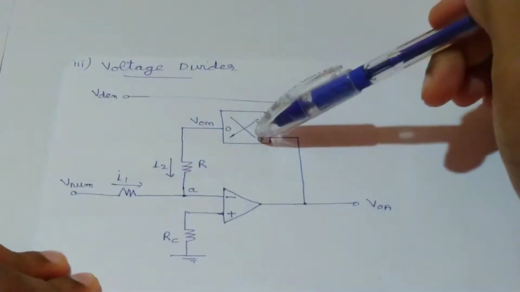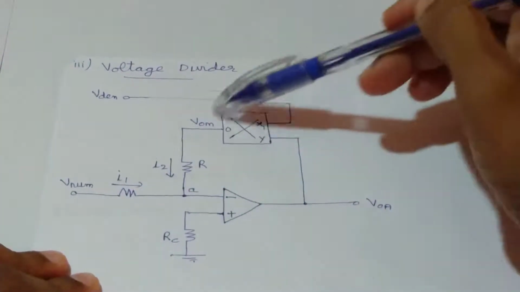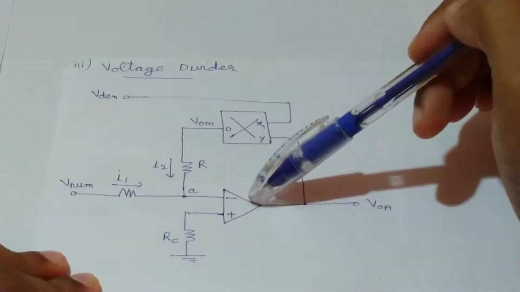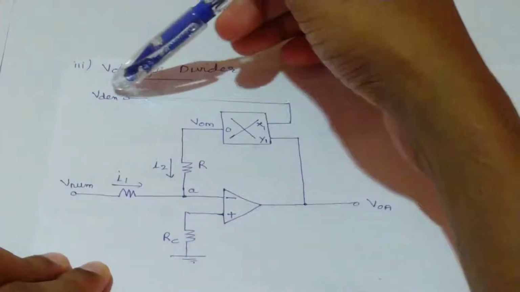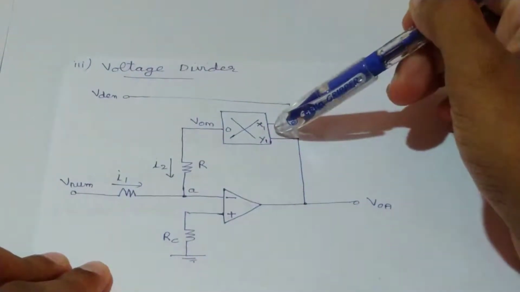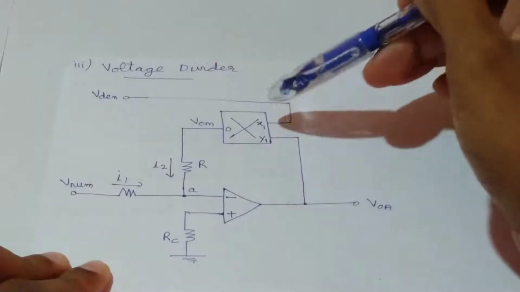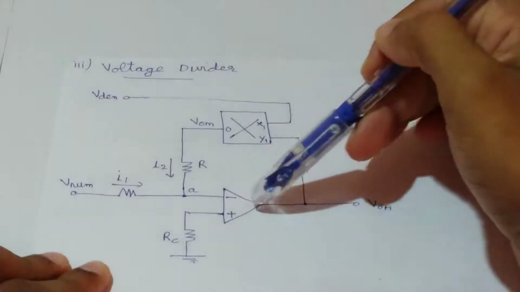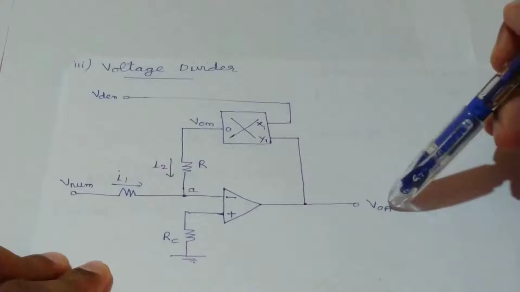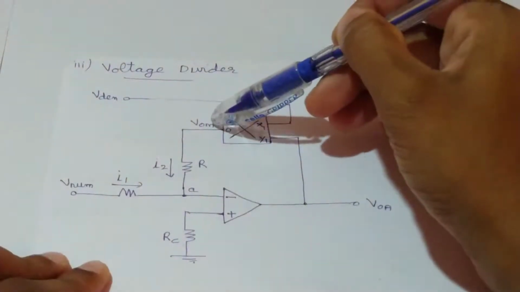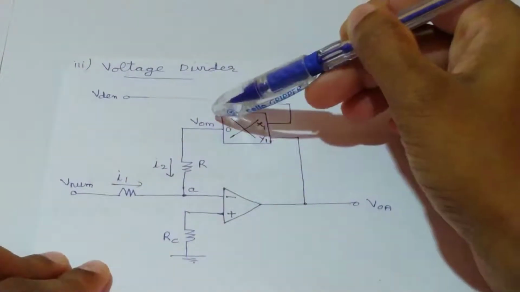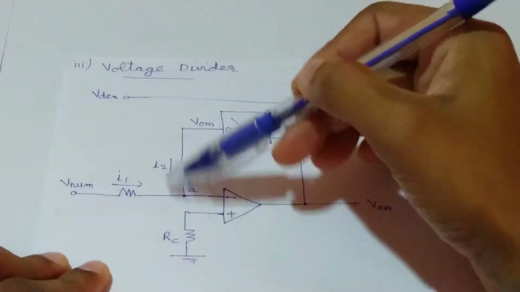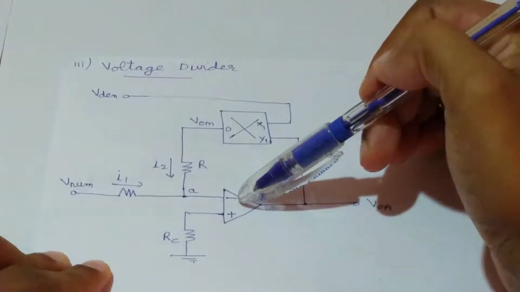This multiplier is connected in the feedback path of the op-amp. V denominator forms one input to the multiplier and the second input is the output of the op-amp, VOA. The output of this multiplier, VOM, is connected back to the inverting terminal of the op-amp in the feedback loop.